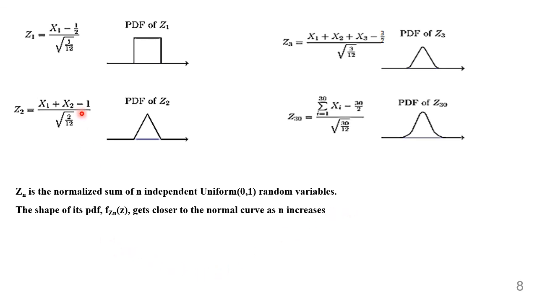And you can observe that the shape of its PDF changes from triangular, and as n value increases, it looks like a normal curve, Gaussian curve. So that is what the central limit theorem says. As the value of n increases, the PDF becomes a Gaussian PDF.